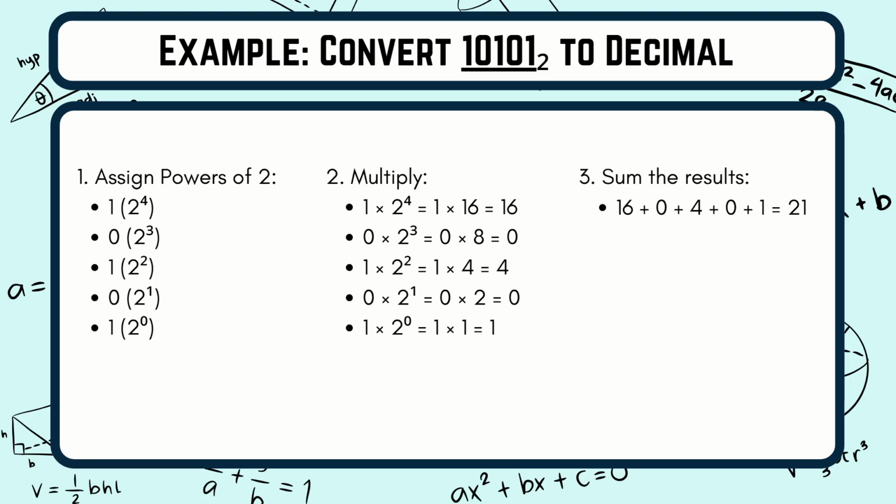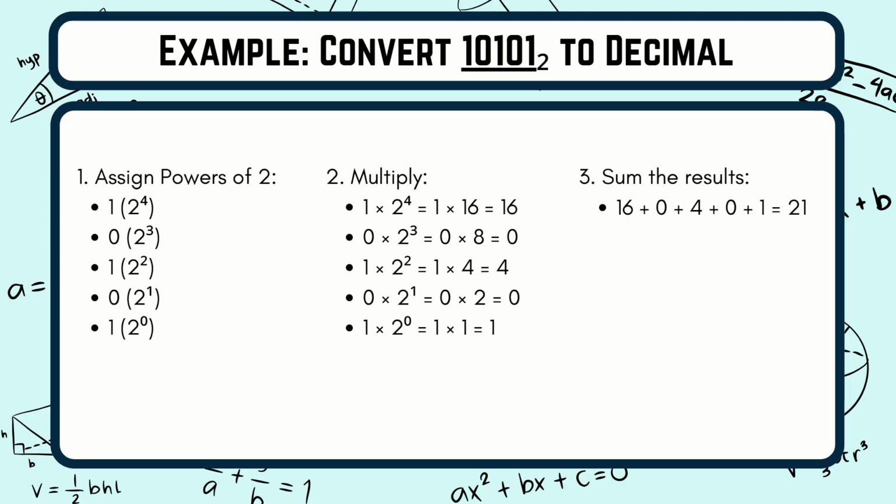So we have 1 times 2 raised to 4, and so on. We have assigned the powers of 2 to the binary digits in step 1. So in step 2, let us multiply it.